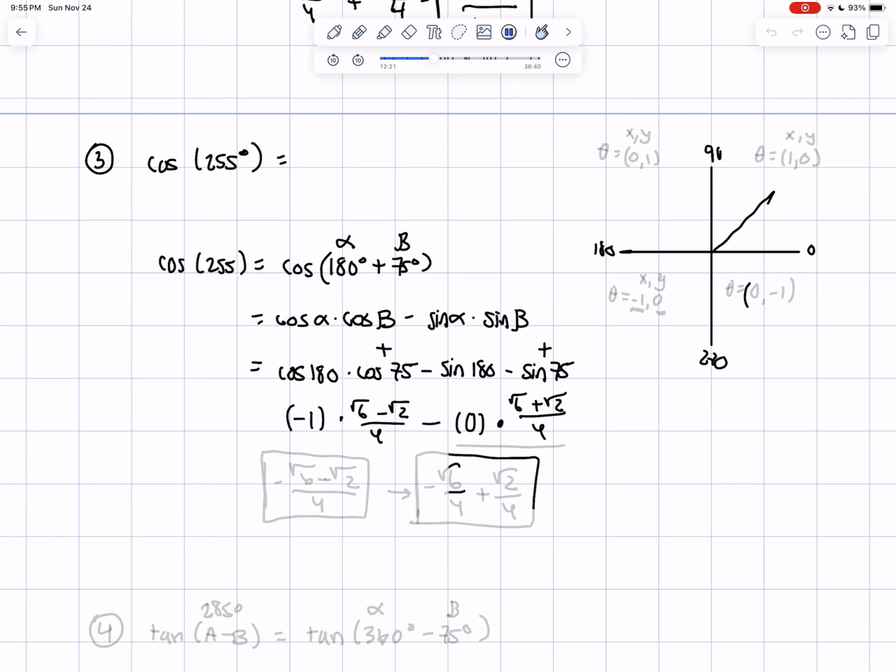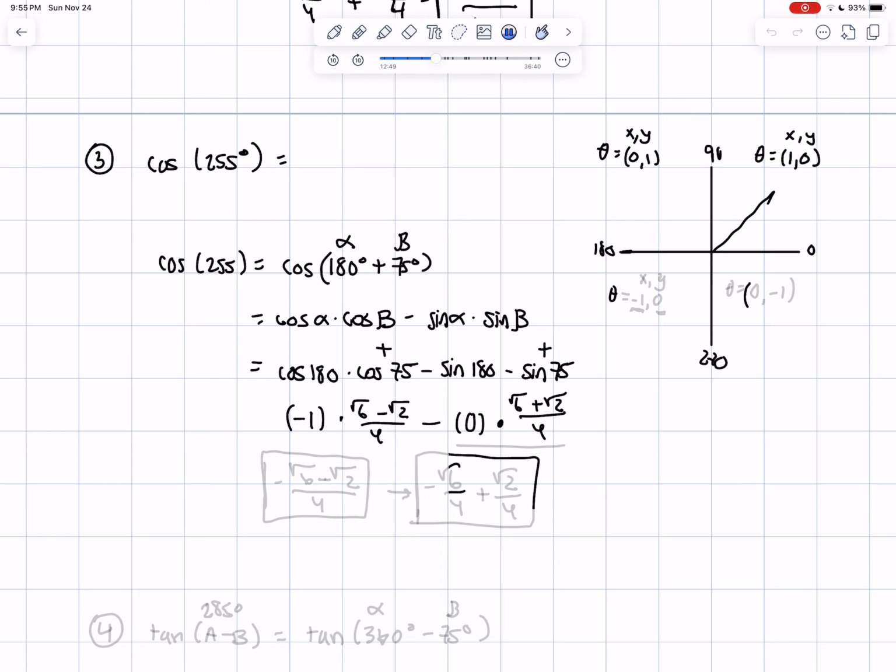So back in 6.4, we went over what the x and y values would be depending on the quadrant you're in. In quadrant 1, theta will be an x comma y of 1, 0. If you're in quadrant 2, the xy will be 0, comma 1.